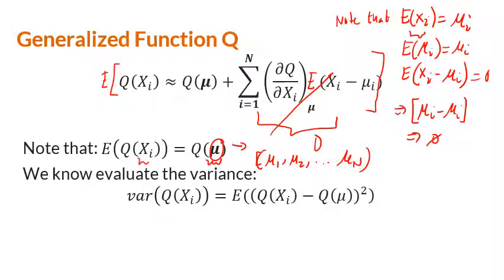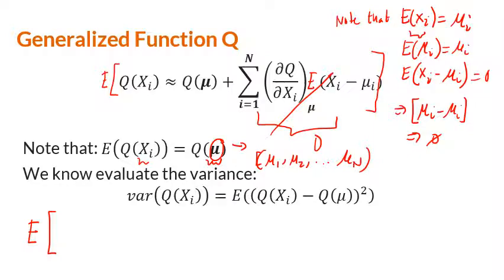Okay, so now we proceed to evaluate the variance of your generalized function Q. So we use this first order approximation. So we now have this expression. So the expectation value of Q of x sub i.